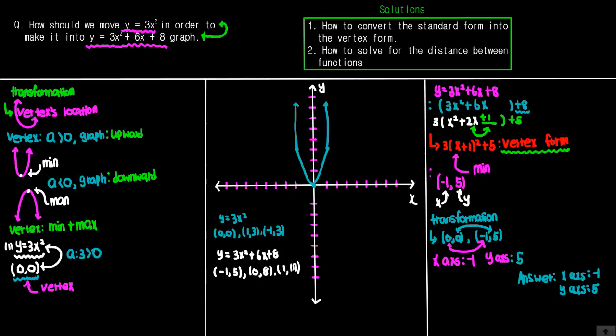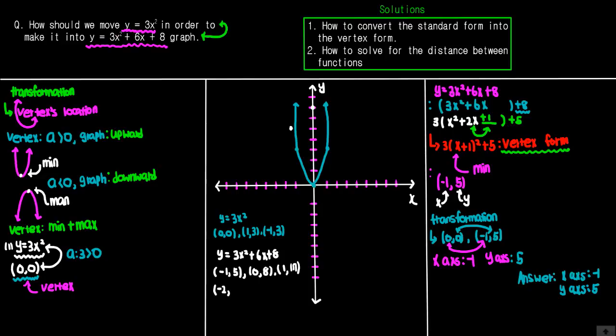So if you plot these points, I'll do it in white color, (-1, 5): -1, then 1, 2, 3, 4, 5. This is its minimum point. And then (0, 8): 1, 2, 3, 4, 5, 6, 7, 8. And if you input the value 1, you will go all the way up. But we need some points to graph, so let's plug in negative values.